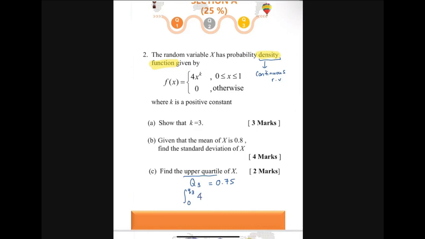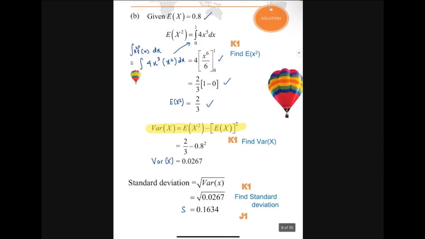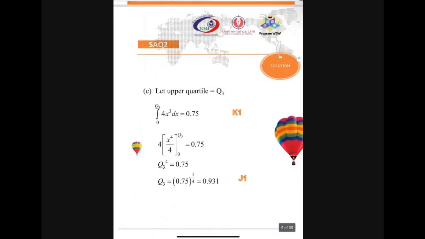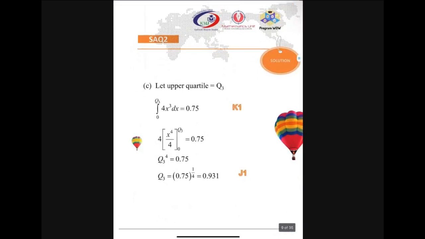Straight away use our function 4x cubed dx, and then equate our final answer to 0.75, and then from there we have to simplify to find the solution. Okay, so that's what I explained before here. So from 0 up to Q3, and then your function equate to 0.75, and then integrate our function carefully.